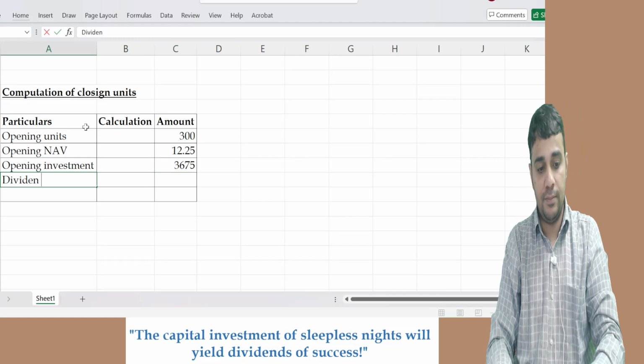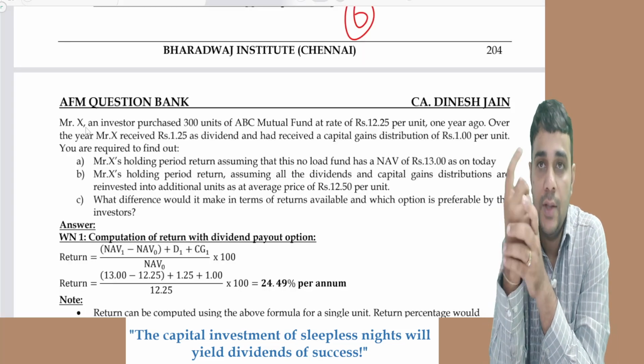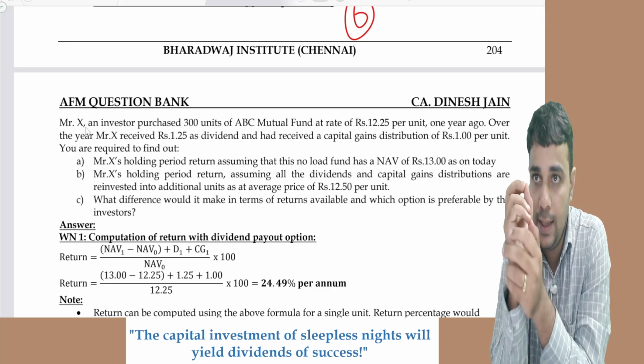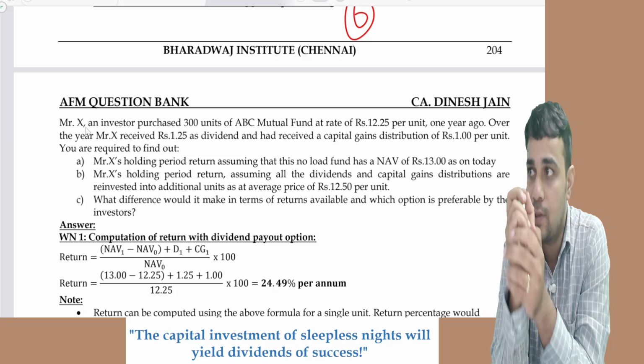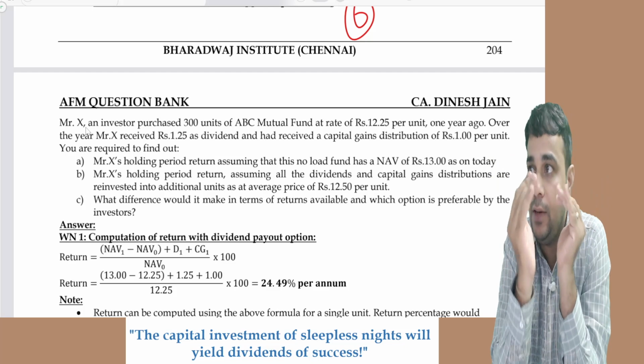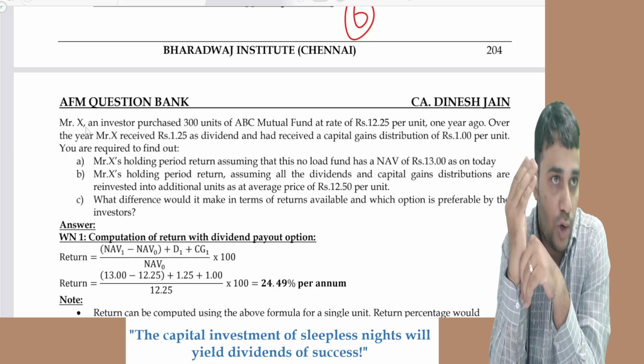Dividend per unit. How much is the dividend paid per unit? It's not 1.25, it is 2.25. That's why I initially said capital gain distribution is also a dividend only. It has nothing to do with the capital gain which we earn. Dividend is also a dividend.